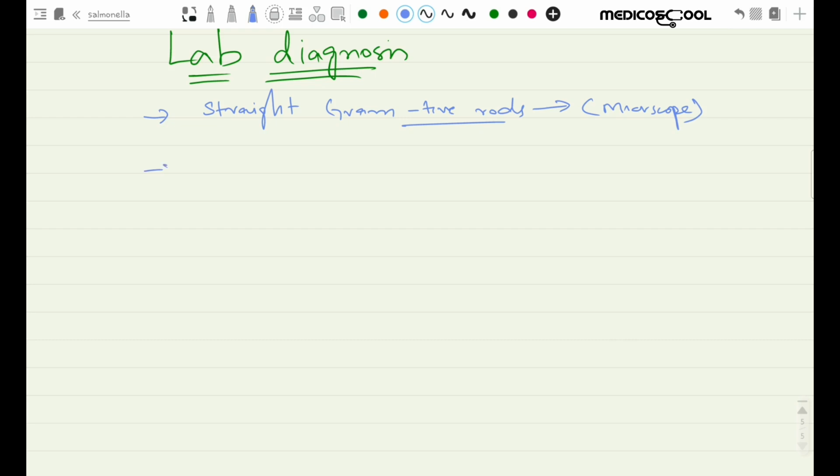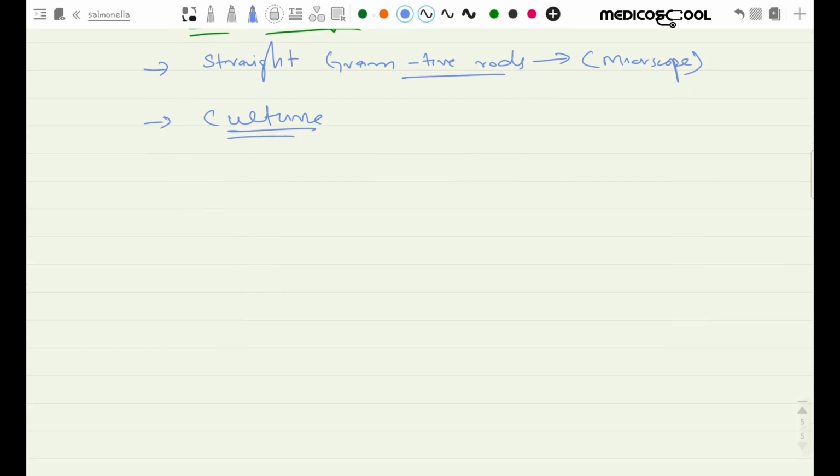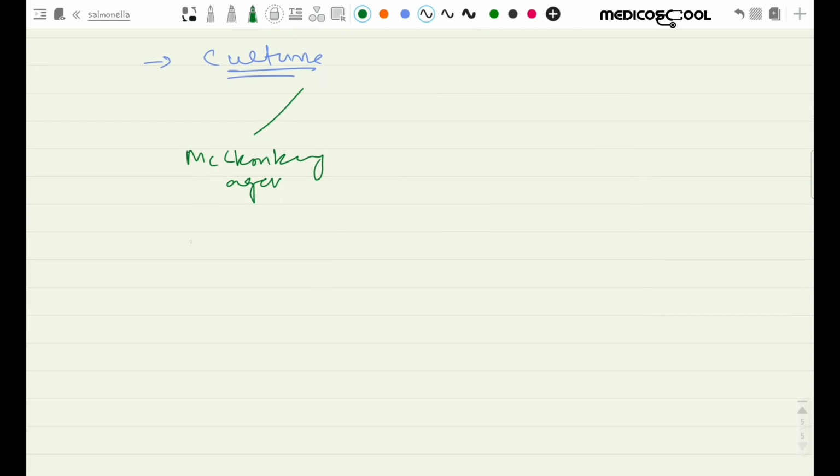The second one is to do the culture. In the culture, we first use MacConkey agar. In the MacConkey agar, what do we find?